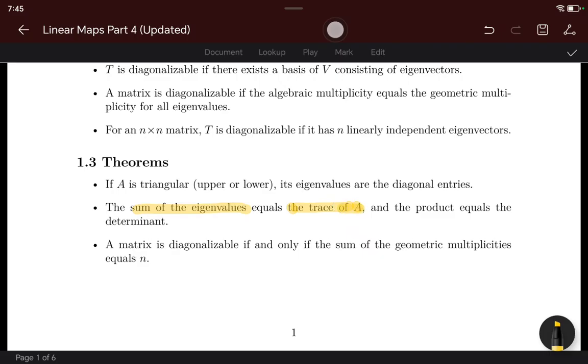Who can tell me, how do we find the trace of A? Anyone who has a clue? Remember, I've already told you how to find the trace of A, right? What do you do to a matrix if you want to find the trace of A?